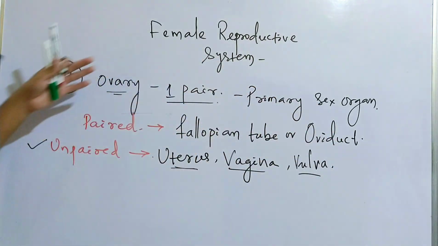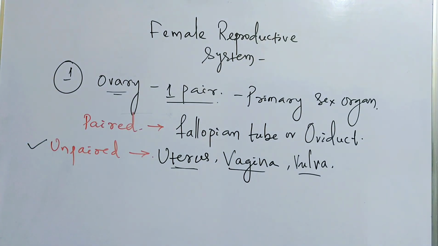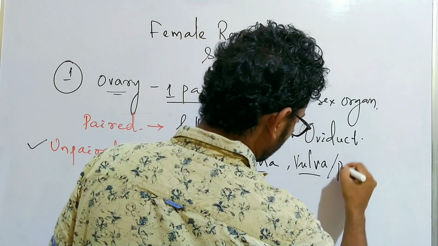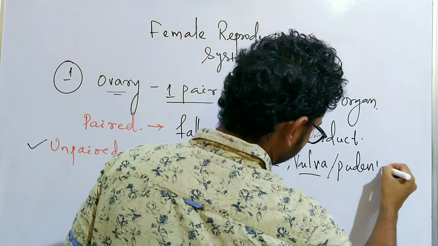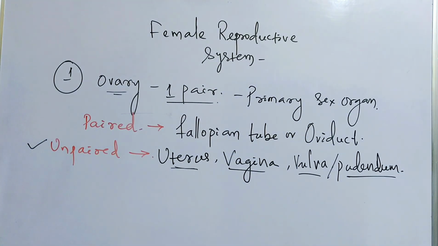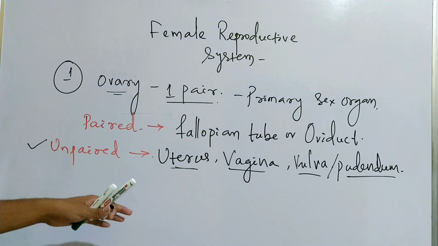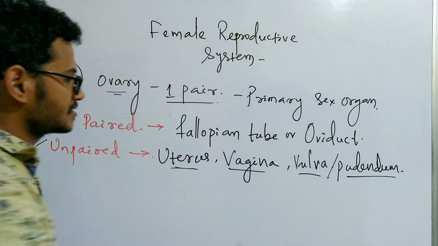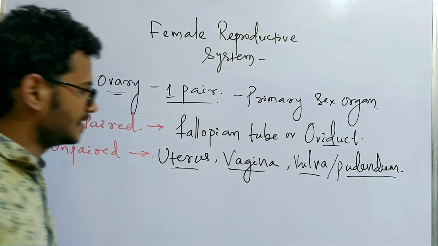So it is very clear about the different parts of the female reproductive system. The vulva is also known as the pudendum. Likewise, the fallopian tube is also called the oviduct.